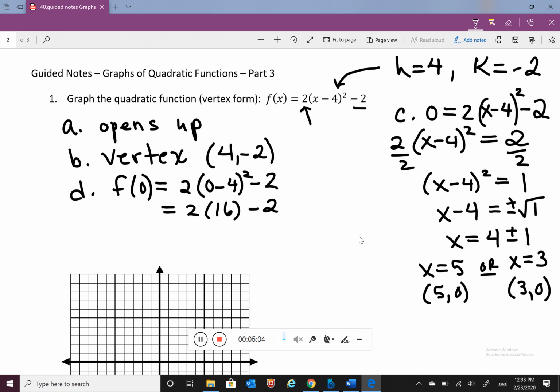And 2 times 16 is 32, and 32 minus 2 is 30. So this gives us our y-intercept, because we let x be 0, and we have an output of 30. So now we have 4 points.